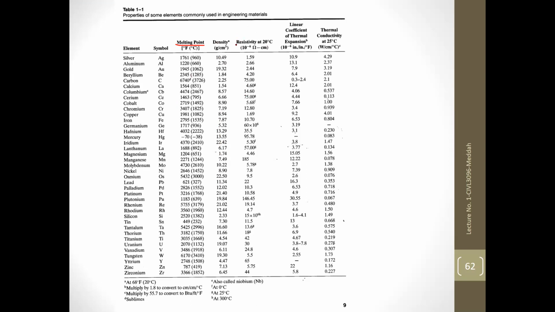You can see here also electrical resistivity. They are all conductors, but they have different electrical resistivity. Also the coefficient of thermal expansion, how they expand if they are subjected to a change in temperature. So it is also largely variable, and also thermal conductivity.